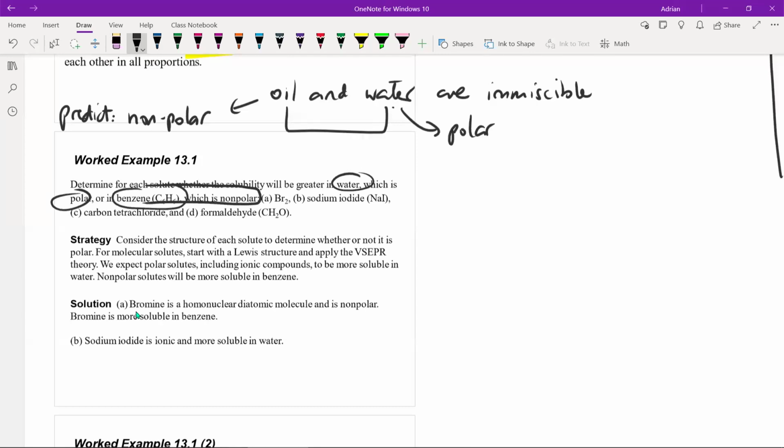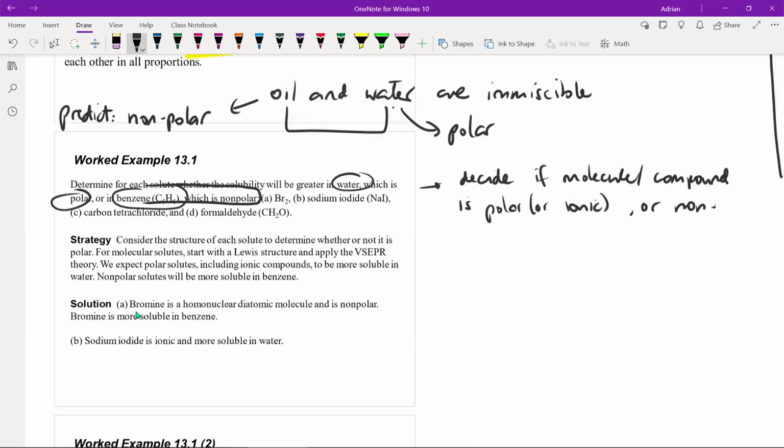So what we need to do is to decide if the molecule in question, so a molecular compound, is polar or ionic or non-polar, right? And then we can apply that like dissolves like rule.